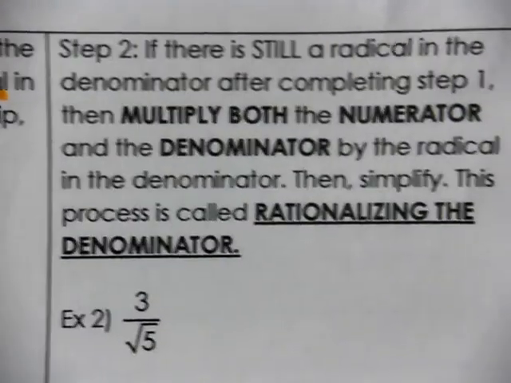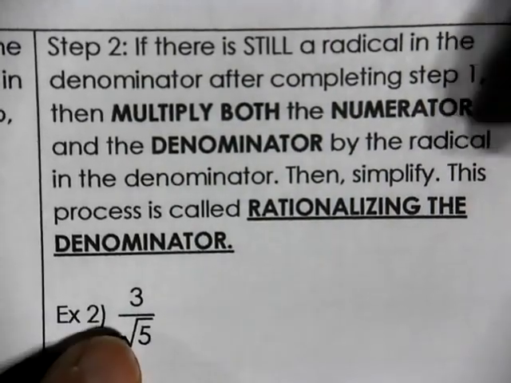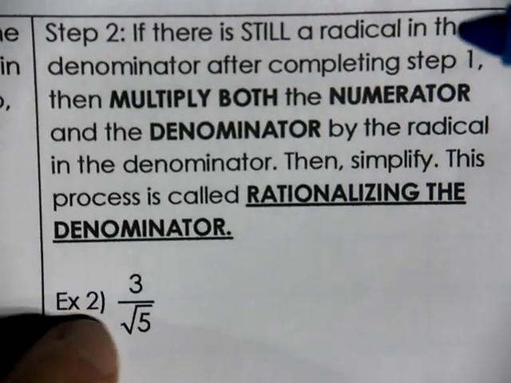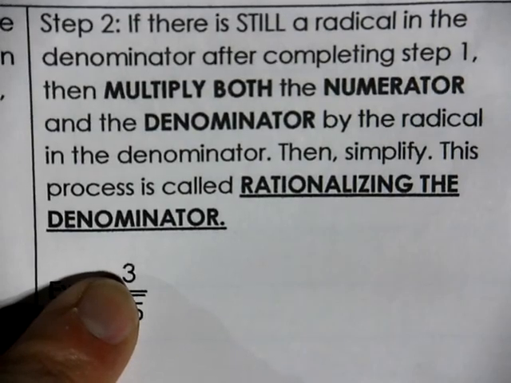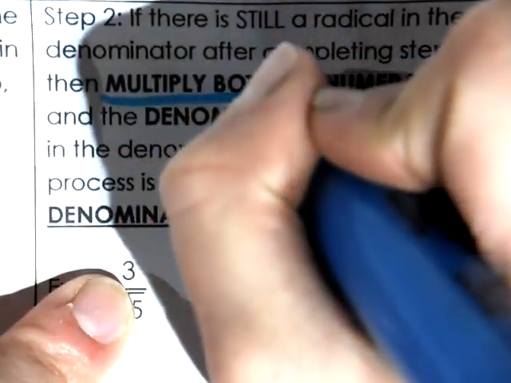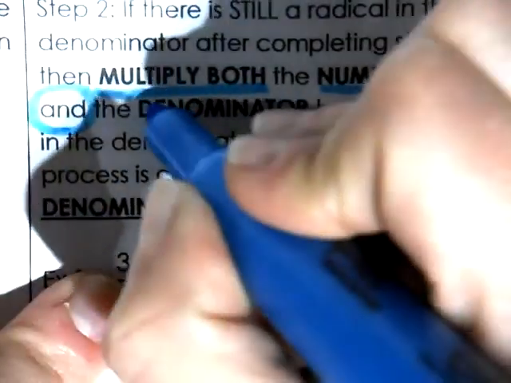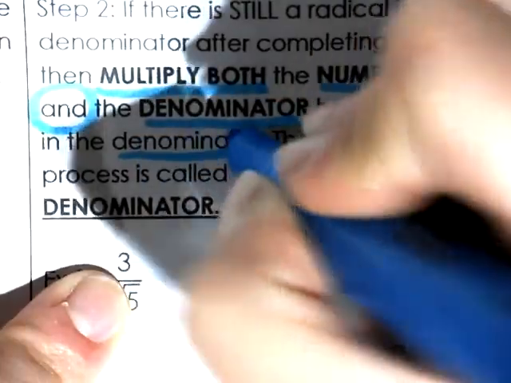But then, if there is still a radical in the denominator, and I see that there's no radical in the numerator and no relationship, then after completing step 1 you will multiply both the numerator, the top of our fraction, and the denominator by the radical that's in the denominator.